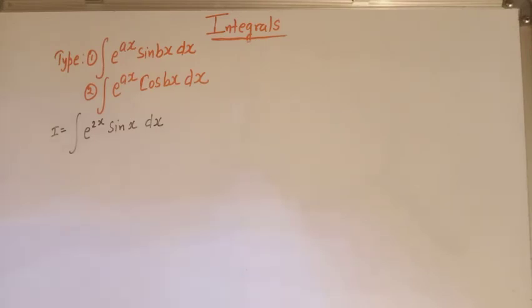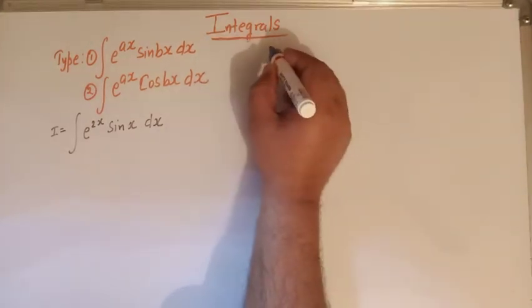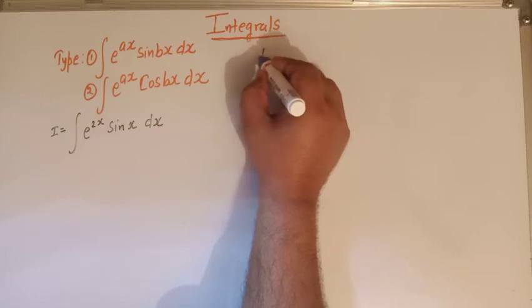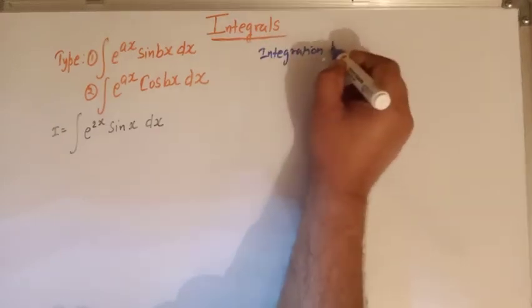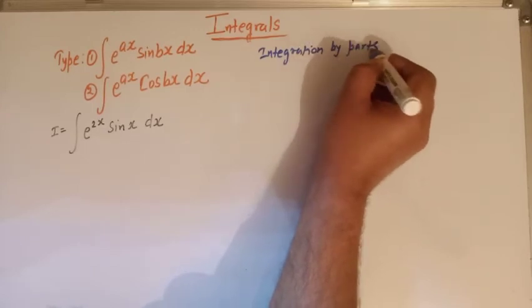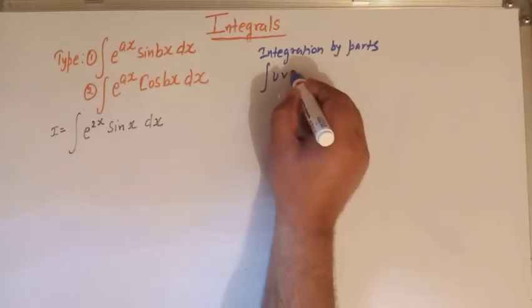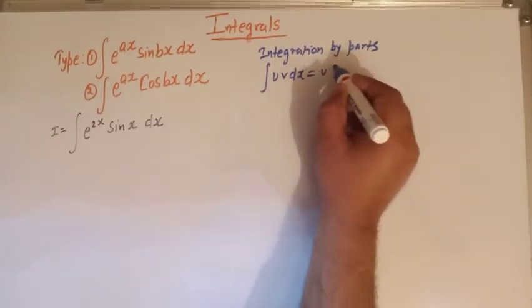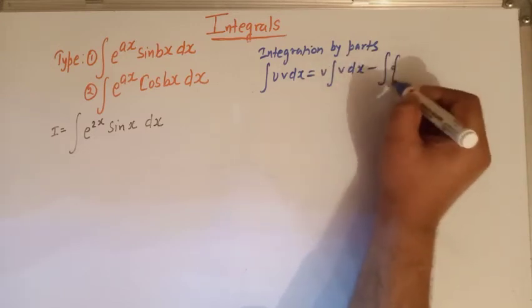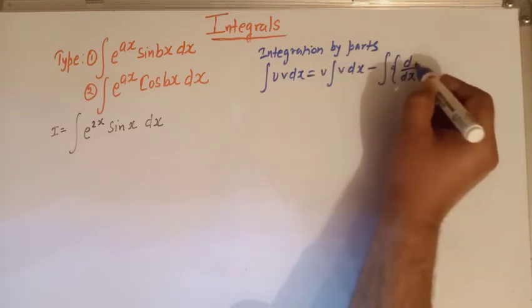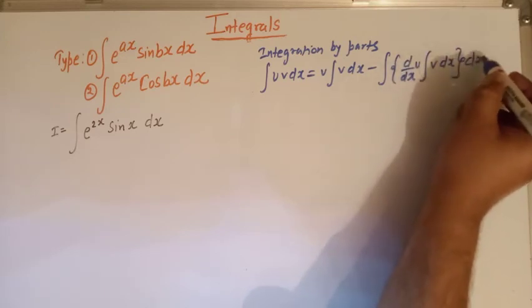So here I will make use of the method of integration by parts, with the formula for the product of two functions: u times the integral of v minus the integral of the derivative of u times the integral of v, dx.